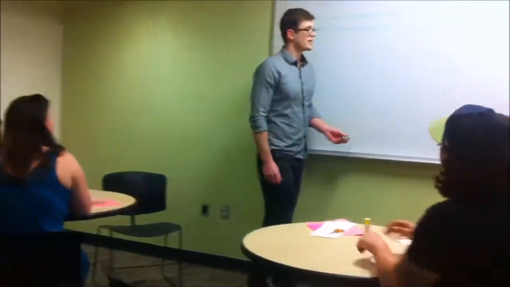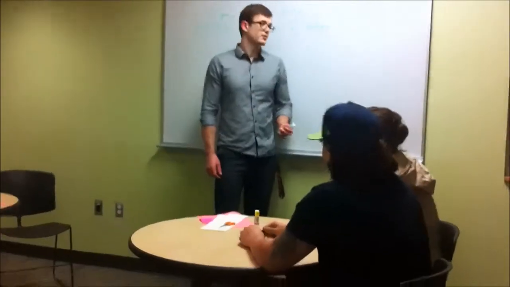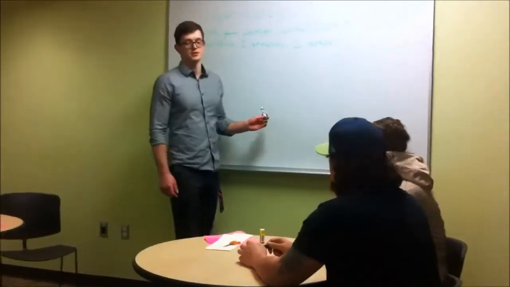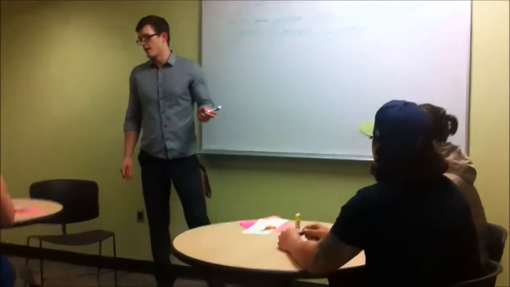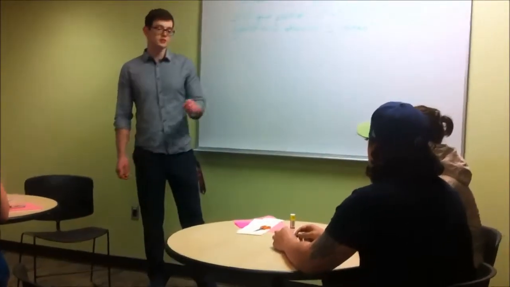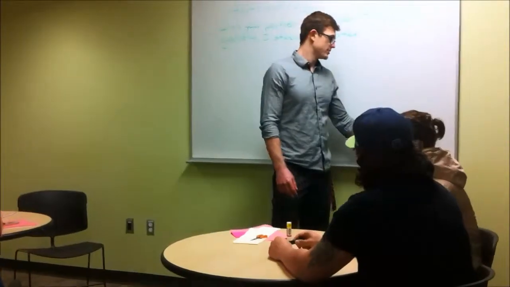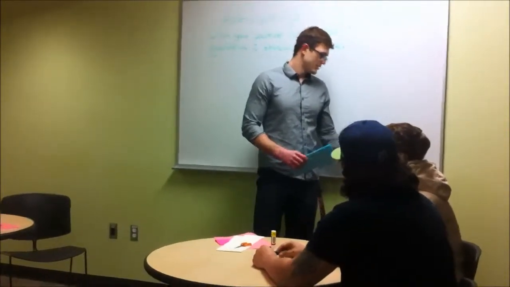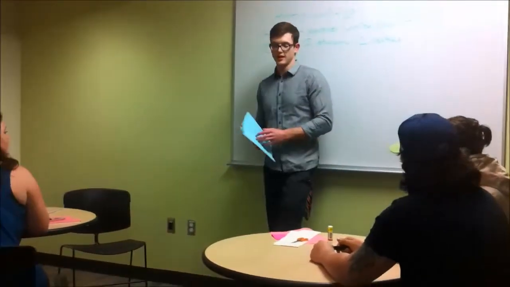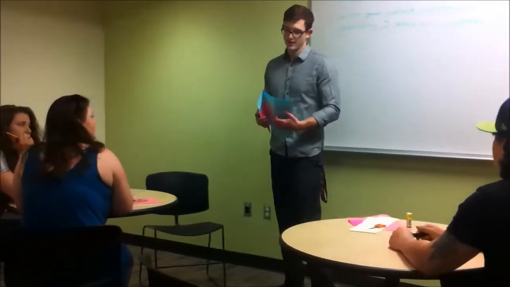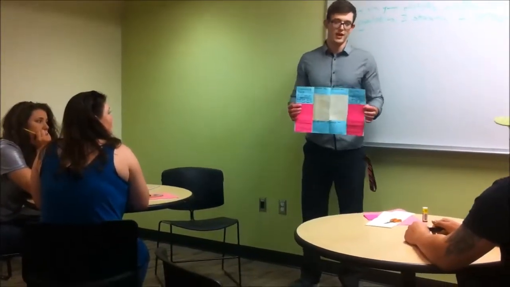Alright, the reason we did this anticipatory set, and the reason we're now talking about quadratics, is because this is going to be the new unit, and those 4 quadratics you chose are going to be used to make a foldable that you'll use as a study guide. We'll tape them up on the wall for the rest of the unit so you can look at them.